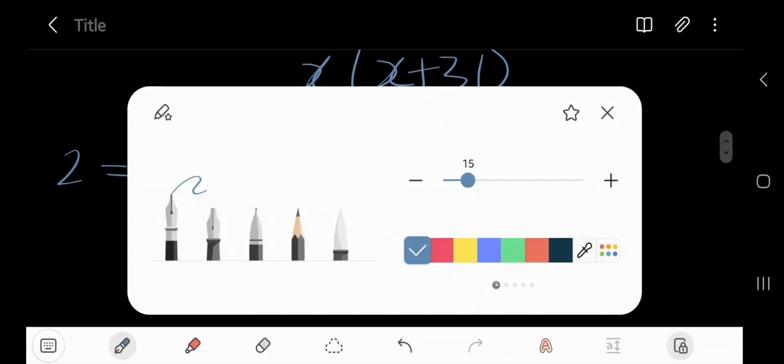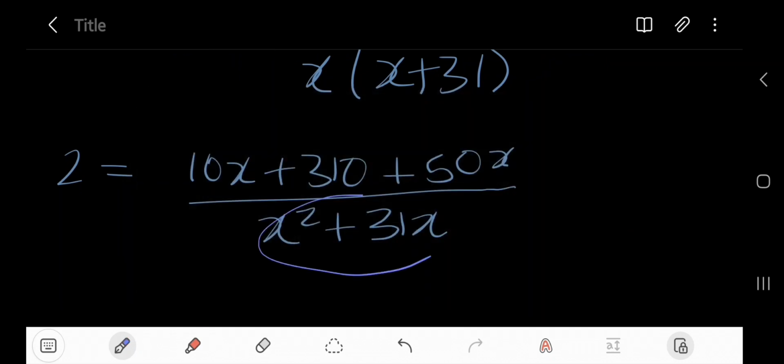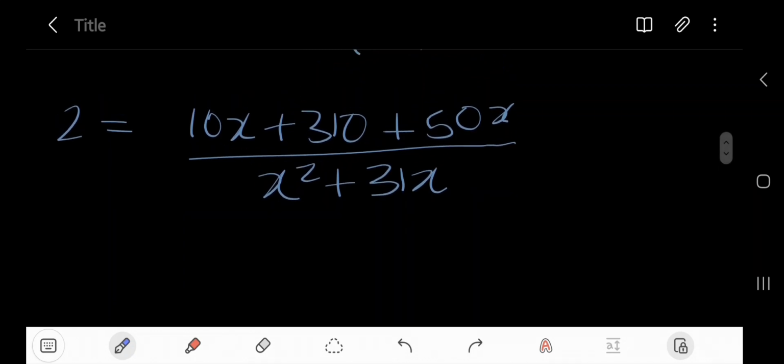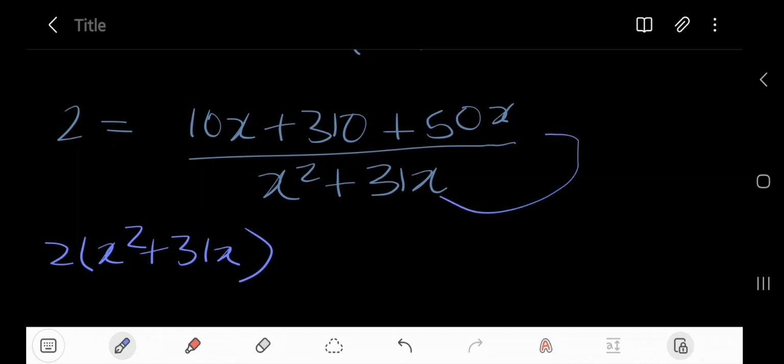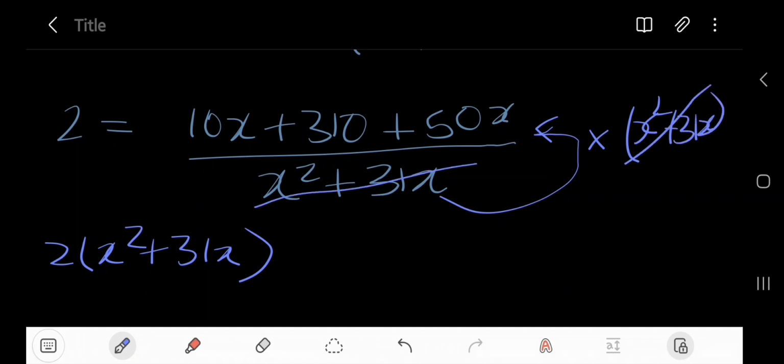Here we have a fraction again, and we want to get rid of it, so we multiply both sides by the denominator. So 2 into x squared plus 31x is going to be equal to the numerator, because multiplying by x squared plus 31x cancels the denominator.